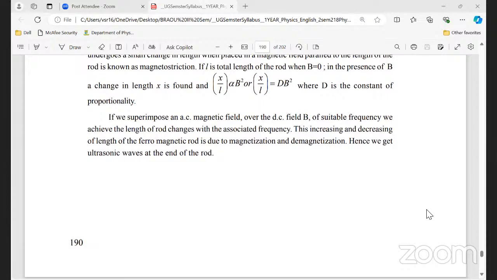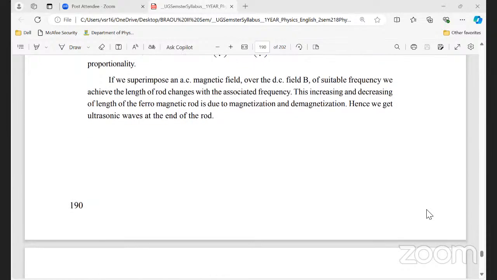Suppose we superimpose an AC magnetic field over the DC magnetic field with a suitable frequency. The length of the rod changes, with an increase or decrease of the ferromagnetic substance length. That means there is magnetization as well as demagnetization. When you apply a field, magnetization takes place; if you remove the magnetic field, demagnetization takes place.